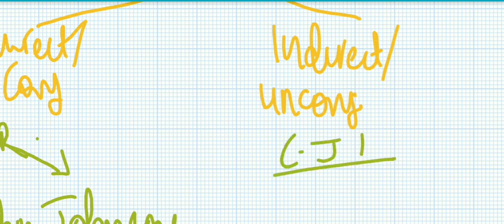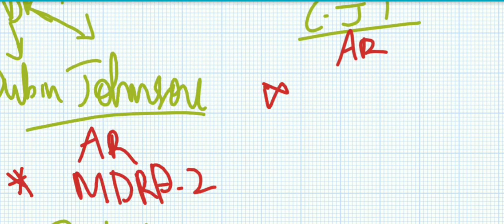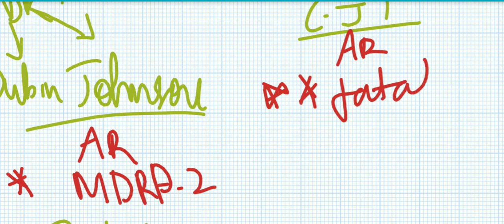So Crigler-Najjar 1 is autosomal recessive. Important, it is fatal in the neonate itself. The baby will die.